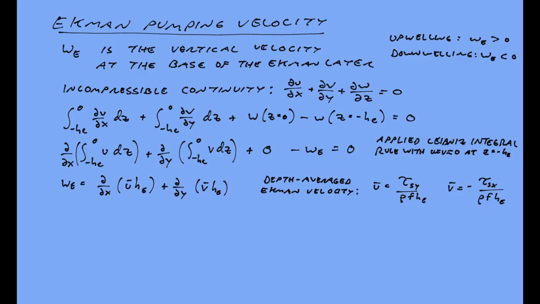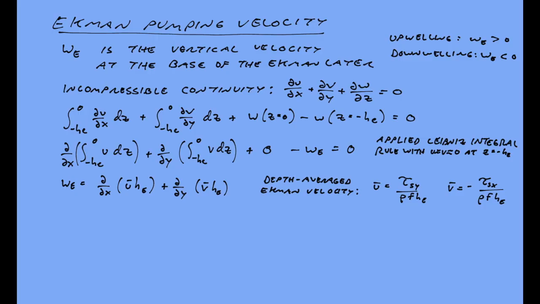Now I can rewrite the equation so that w_E is alone on the left-hand side, and inside the d/dx and d/dy, I've written the expressions as u bar, the depth average velocity in the Ekman layer, times h_E, and v bar times h_E. But then I also have this extra information.